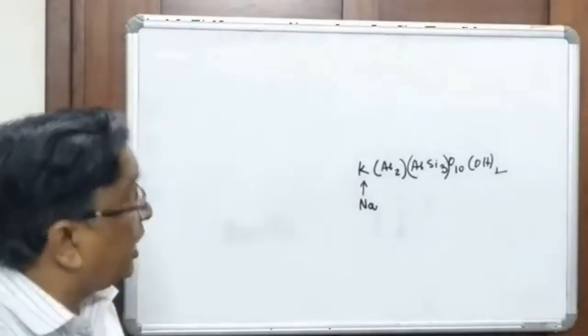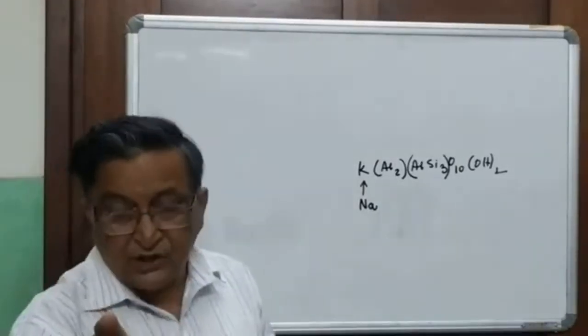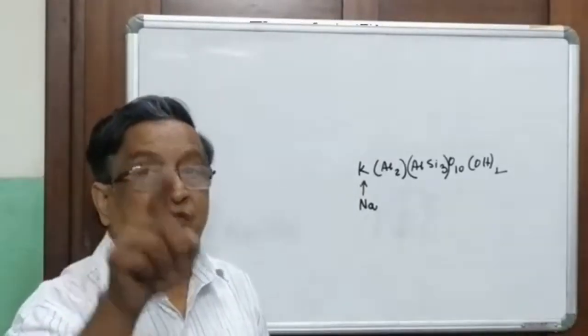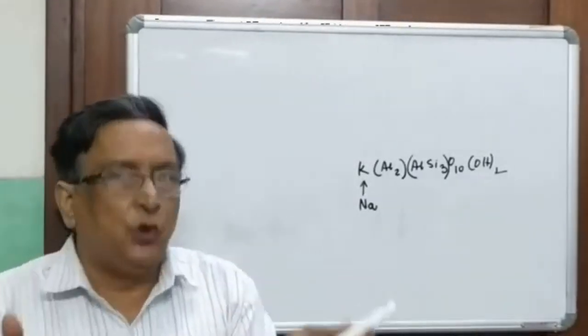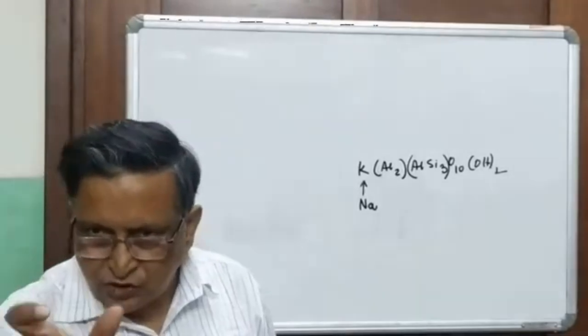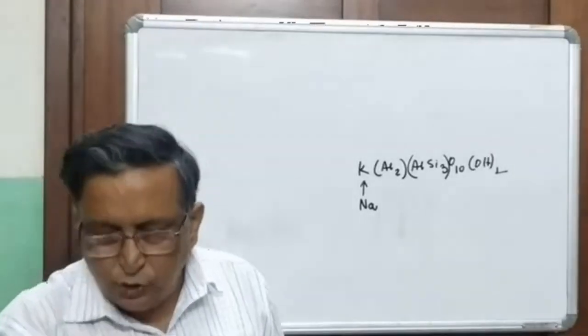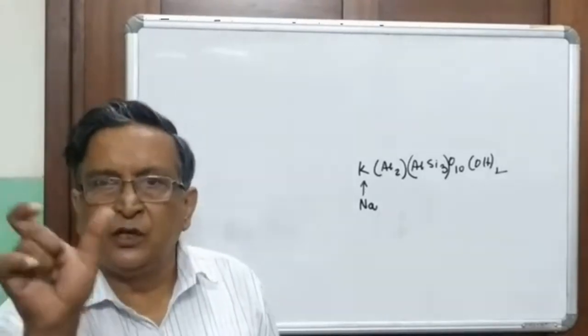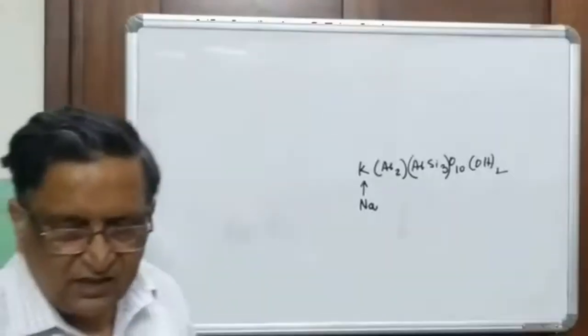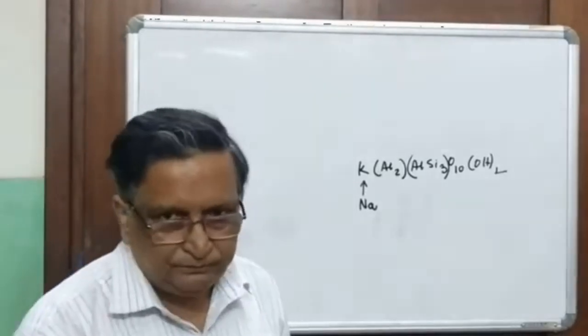Before you start finding out the composition of a system, you have to know whether you have got the compositions of all the minerals that your teacher or someone told you precisely written down in the question. That is very, very crucial.